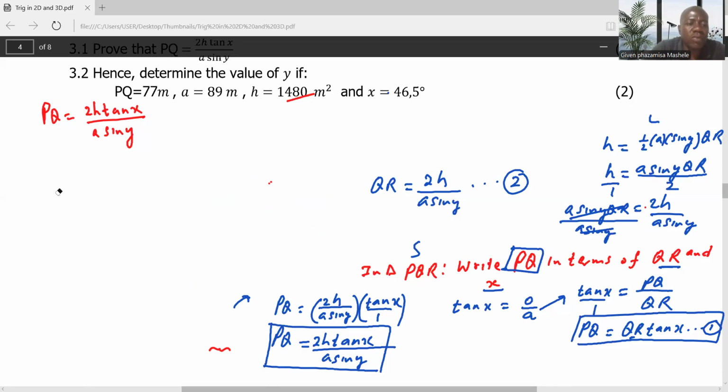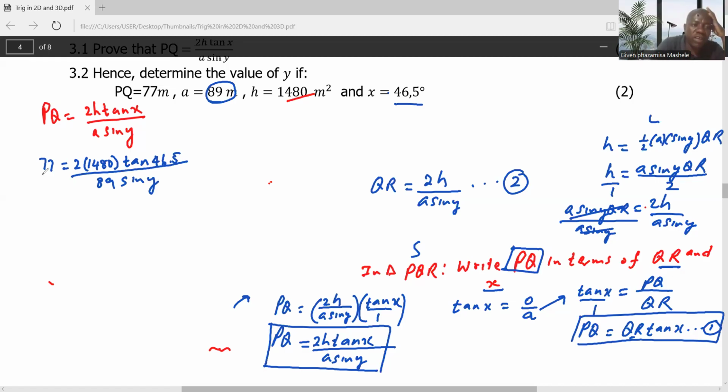What is PQ? PQ is 77. So let's do the substitution. 77 equals 2, what is the H? 1480. Tan of, what is the X? 46.5, over the side of A, it's 89 sine Y. We want this angle.